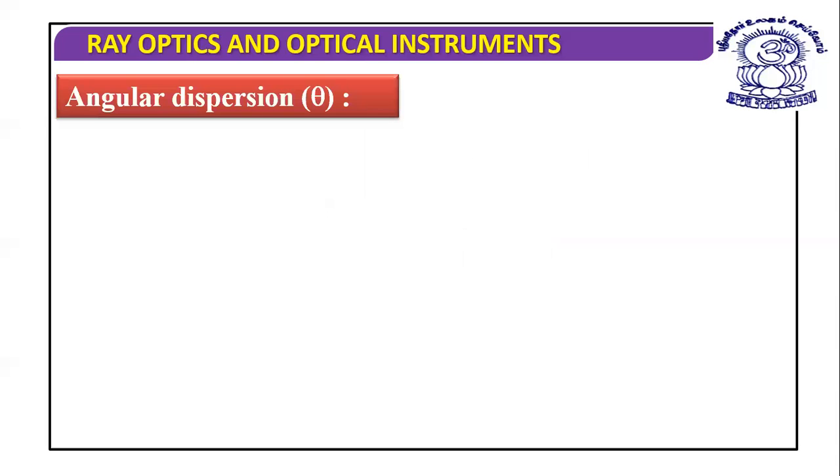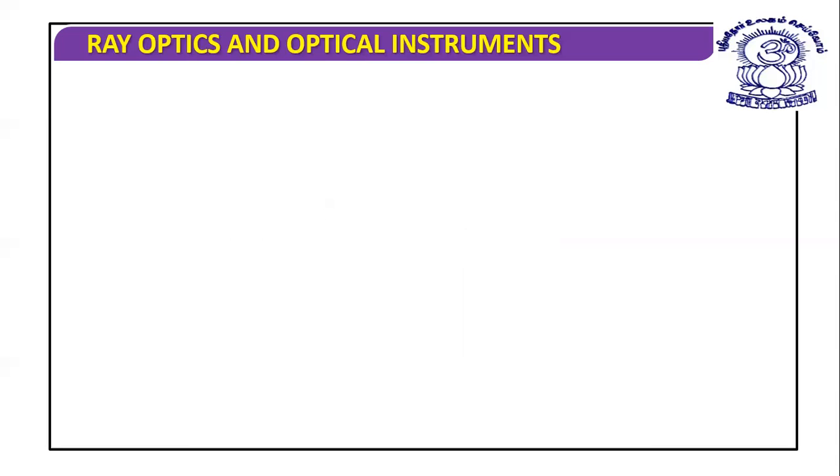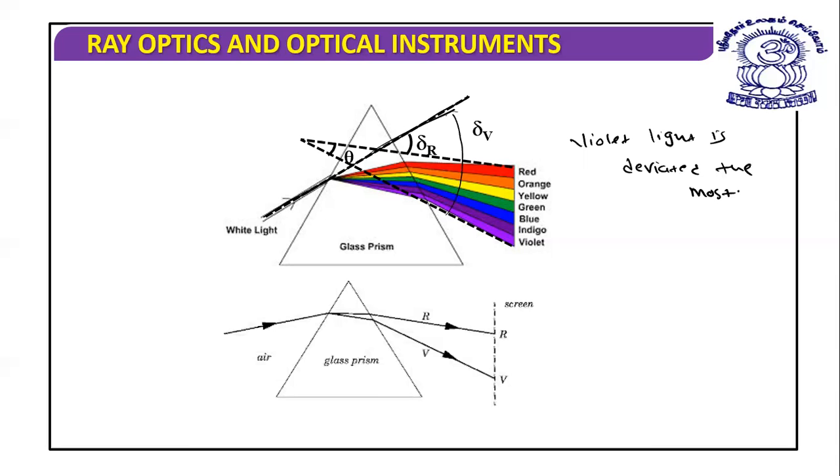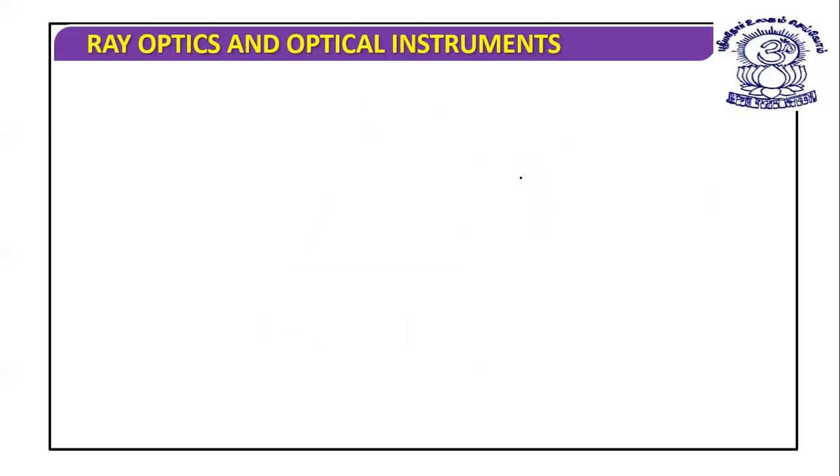What is the angular dispersion? How can we define the angular dispersion based on this? It is the difference in angles of deviations of any pair of colors. That is called angular dispersion. In the previous diagram, we can see that this theta is the angle of dispersion between violet and red light.